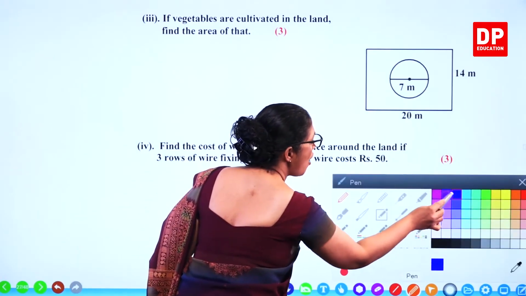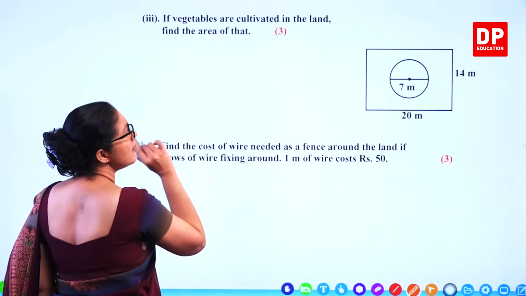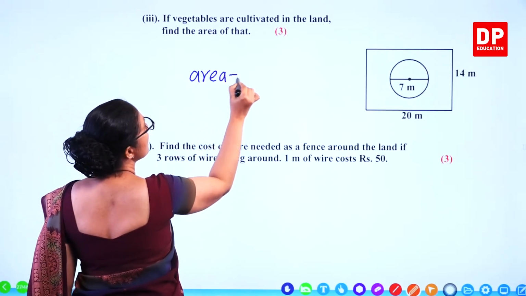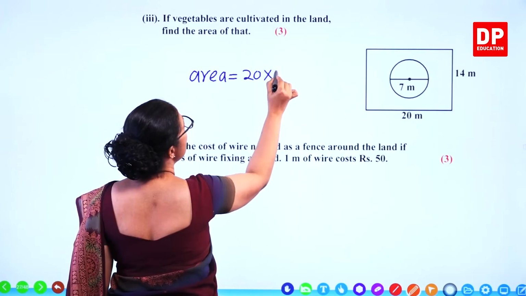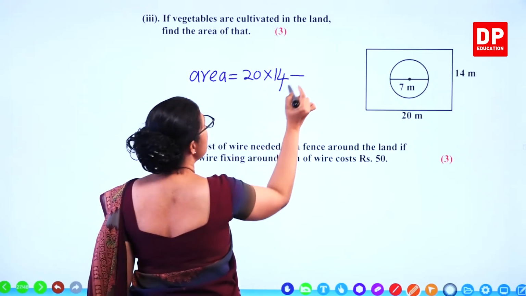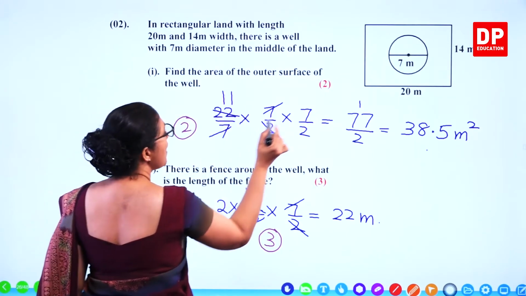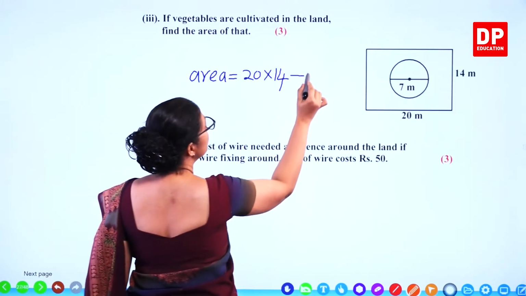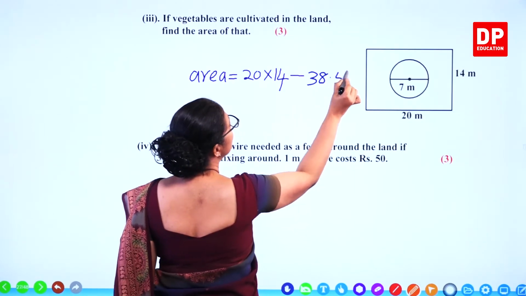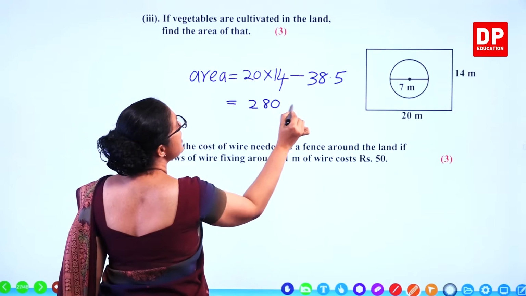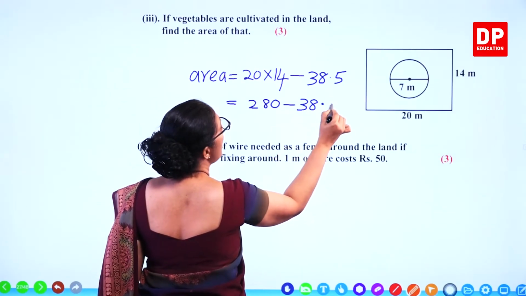So what's the area of the rectangular land? 20 times 14, length into width, minus the area of the circle we found, 38.5. Here you get 280 minus 38.5.